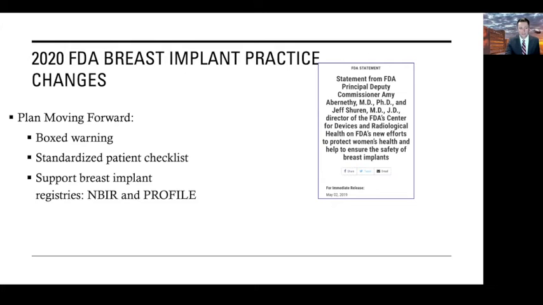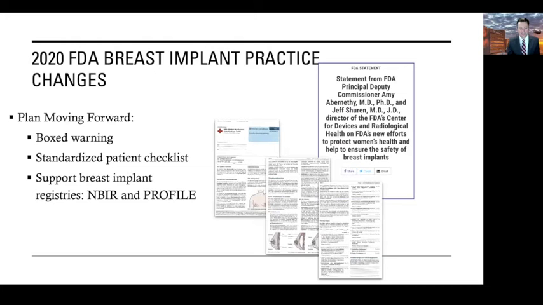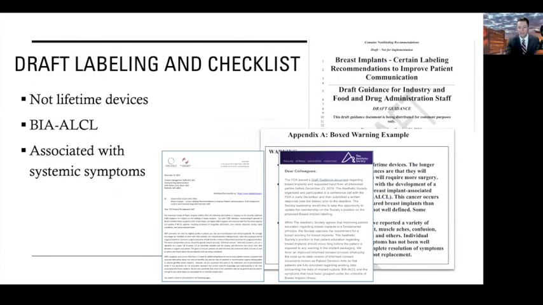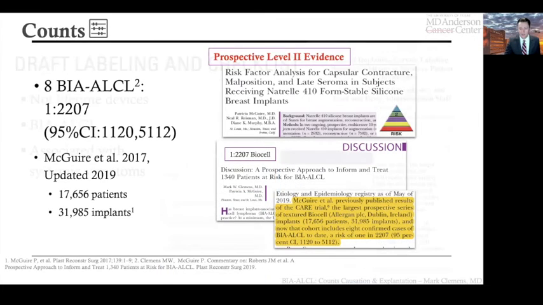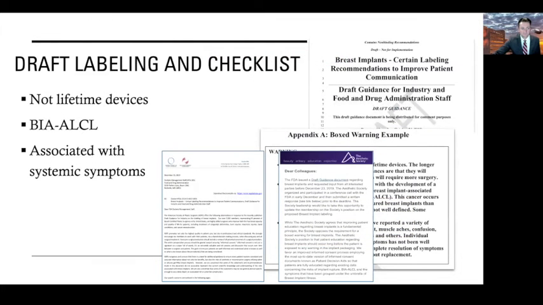Also, after this, the FDA has asked for changes in breast implant practice, calling for black box warnings on all breast implants, as well as the idea of having a standardized patient checklist to be performed when patients are getting a breast implant.